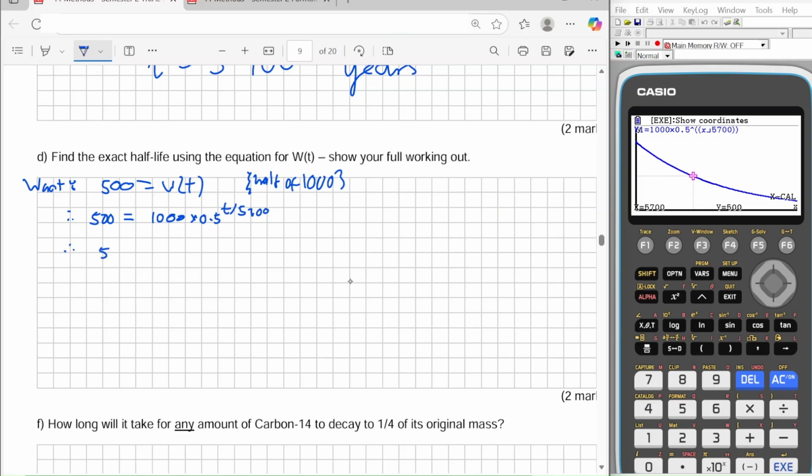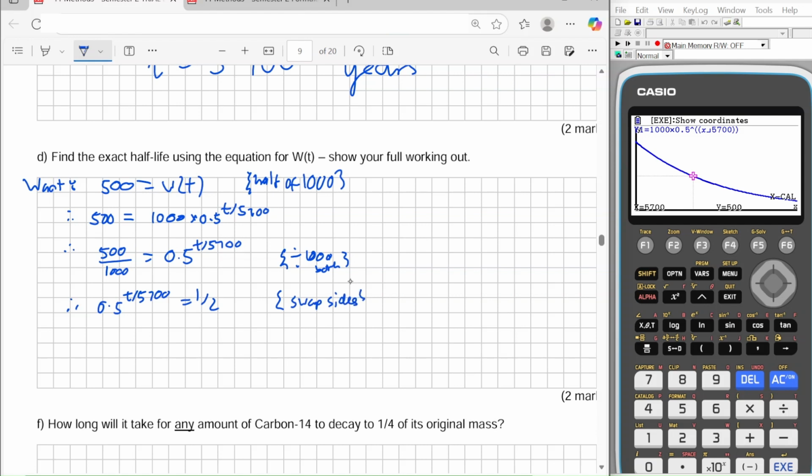So 500 over 1,000 is 0.5 to the T over 5,700. So 0.5 to the power of T over 5,700 is a half. All right, so we should probably put some explanations in here. So divide by 1,000 to both sides. And we're just going to swap sides.